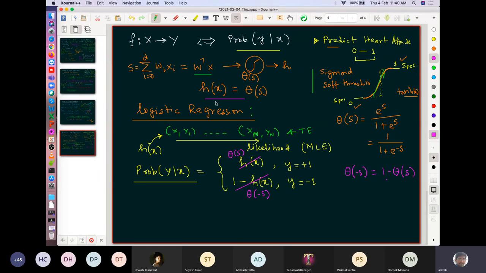Ultimately, if this x passes through the sum, and then I pass my sum to a smoother function, the sigmoid function, what I want in this type of probability of y given x is theta s if y equals +1 and theta minus s if y equals -1, which loosely I can say is that I need theta of y times s for all training example points. When I go over all training example points, this probability should maximize my likelihood.